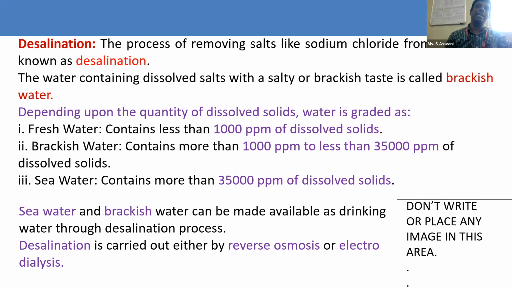Demineralized means we are not getting the macro and micro nutrients for our body. That is the drawback. But for industrial purposes it is very useful when used in steam generation, because this demineralized water does not form any sludge and scale. That is the advantage of the ion exchange process.